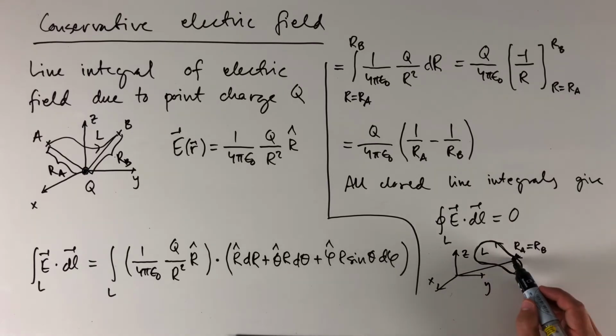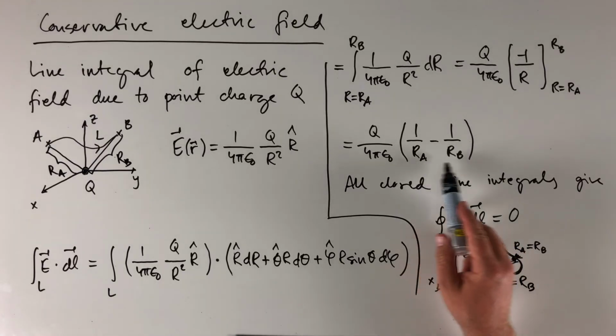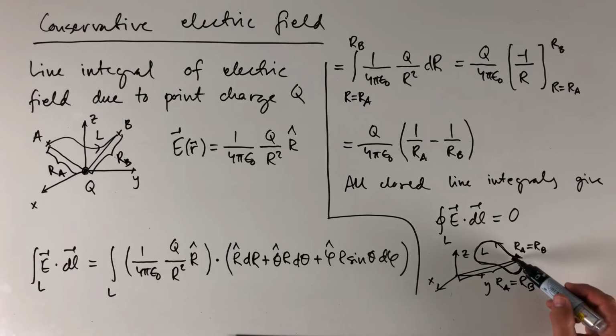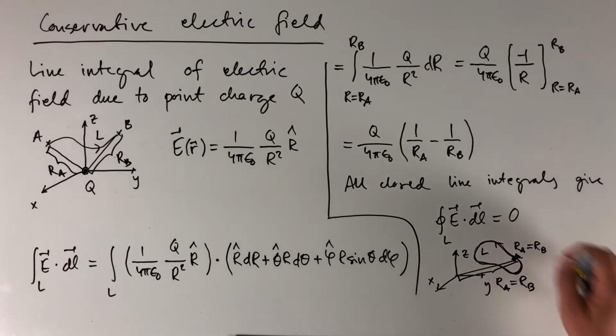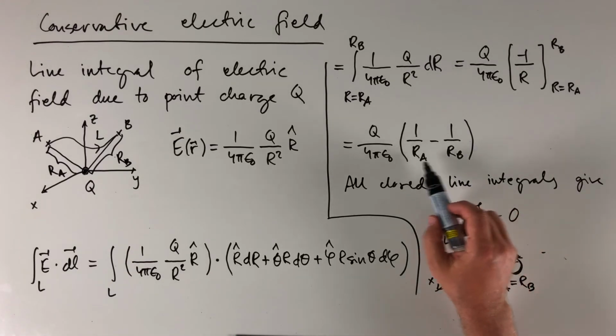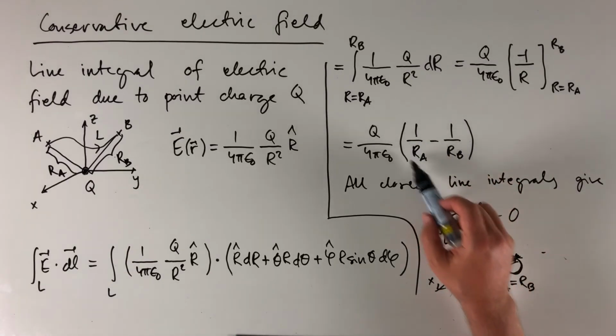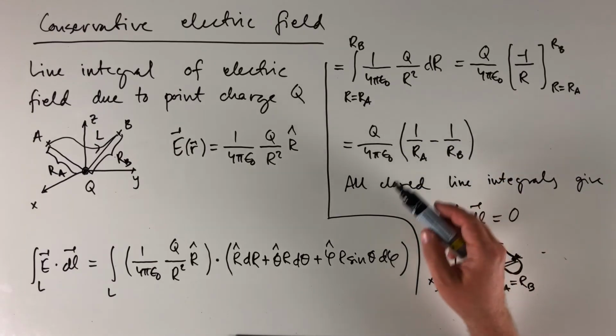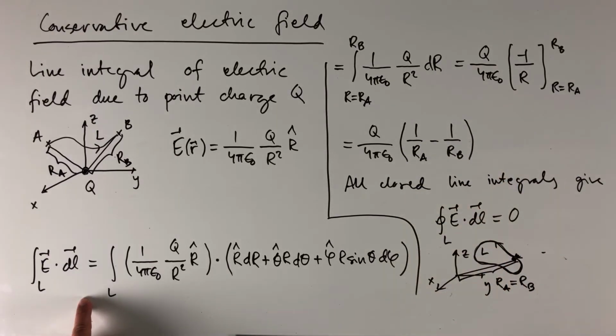Obviously then, the distance to the origin, that we called r sub a for the starting point, will be the same as r sub b. So these two are equal. And since this curve starts and ends at the same point, r sub a is equal to r sub b, then obviously this parenthesis evaluates to 0, and this entire line integral becomes 0.